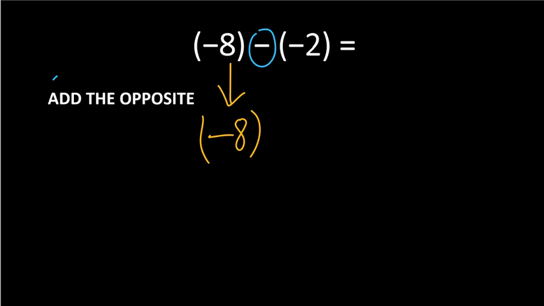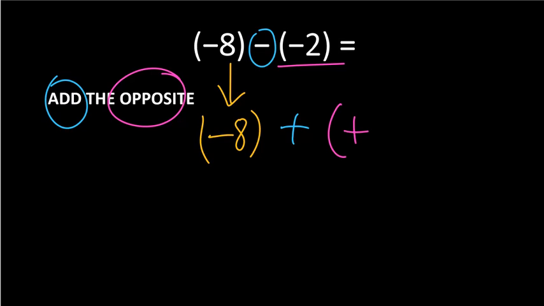So instead of putting a subtraction sign, we're going to put a plus sign. And opposite means instead of putting negative 2, we're going to put positive 2. Because the opposite of negative 2 is positive 2. Negative 8 plus positive 2.